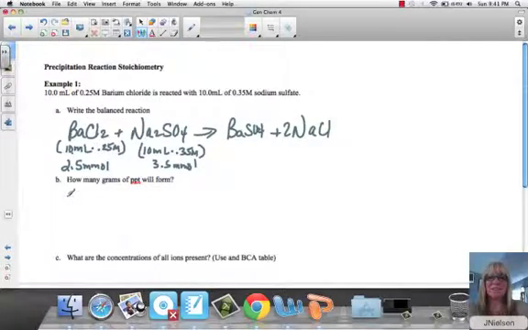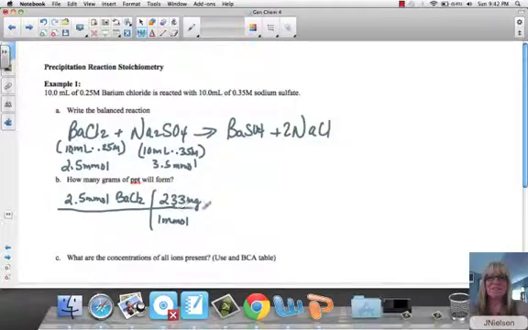So starting with my millimoles, 2.5 millimoles of BaCl2, we know that 1 millimole, and you don't have to do it like this, you can turn it into grams if you want to, is going to be 233 milligrams.